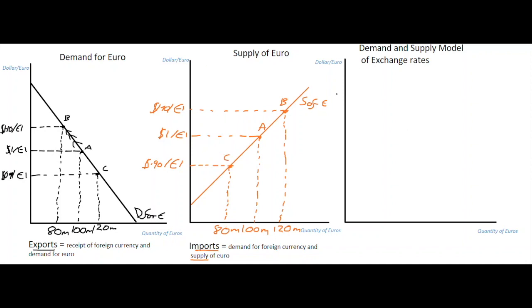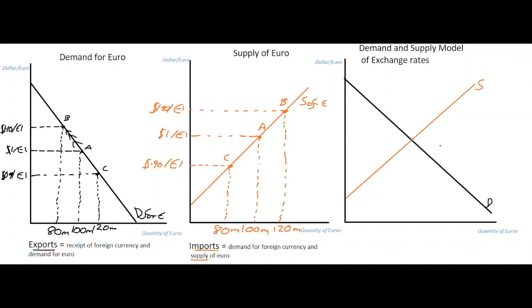Okay, so we have a demand curve now, which we know is downward sloping in terms of euro exchange rate. We have an upward sloping supply curve for euro, and we know now why that's the case. We will just note these in here as the demand curve for euro and the supply curve of euro.